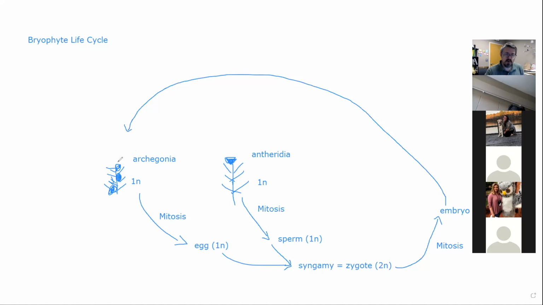So from one of these archegonia, we are going to have our sporophyte. So this now is our sporophyte. So the embryo developed through mitosis again.